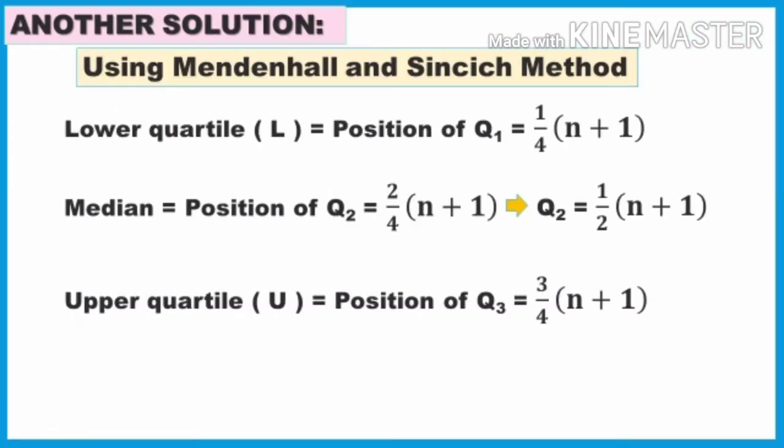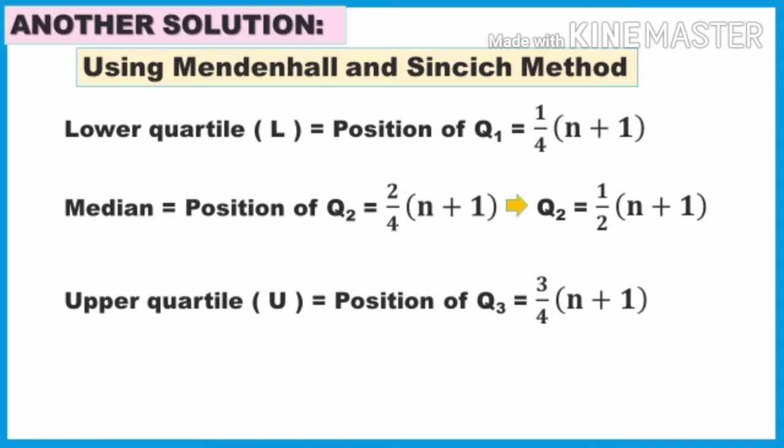Okay, so meron tayong alternative solution na pwede nating gamitin kapag marami na yung given data natin. Say for example, umabot na ito ng 15, 20, and so on. Okay, so pwede na nating gamitin itong formula na to. To find the lower quartile or L, we have the position of the first quartile equals 1/4 times n plus 1.